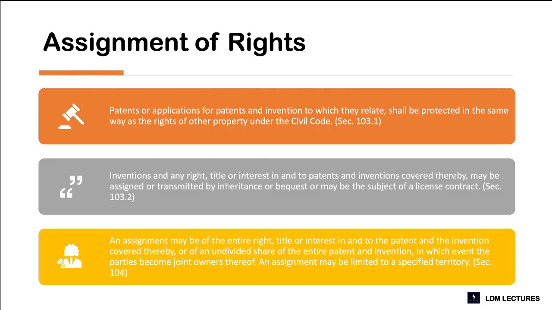Kaya ka nga allowed ng voluntary licensing because as the owner of the patent right, you have also the right to assign or to give license, to give authority to another enterprise or another person to use your patented product, patented process, whatever. Okay? So an assignment may be of the entire right, title, or interest in and to the patent and the invention covered thereby, or of an undivided share of the entire patent and invention, in which event the parties become joint owners thereof. An assignment may be limited to a specified territory.